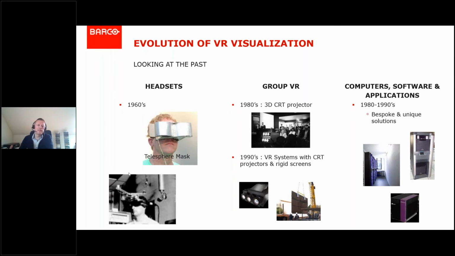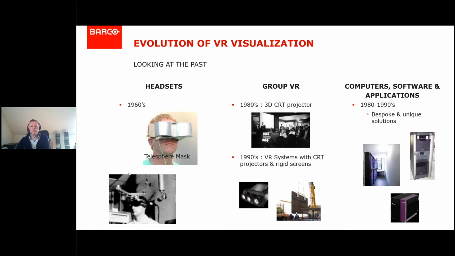But in the 1990s, when BARCO started to focus also on delivering VR systems, virtual reality display systems, it was mainly a combination of CRT projectors that could do 3D stereoscopic and big rigid screens. And typically these rigid screens were quite bulky, quite complex to install. So a complex process and bulky installations, because the CRT projectors needed a lot of space to project on surfaces.